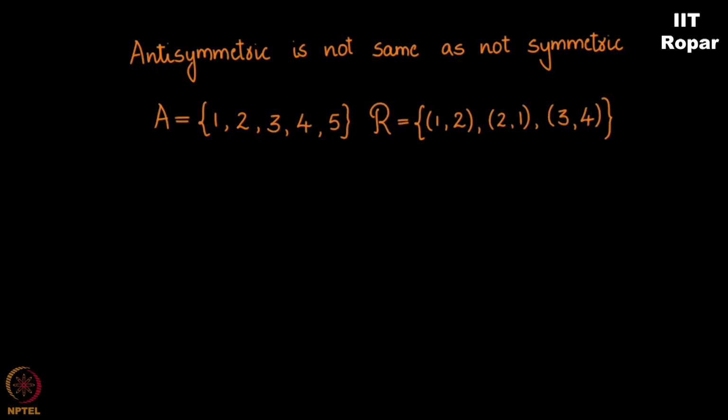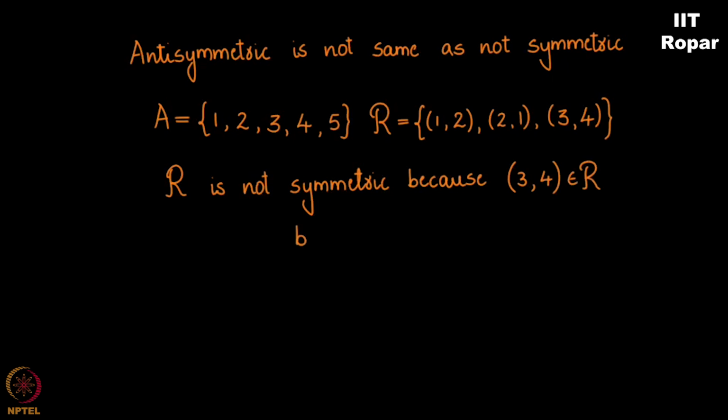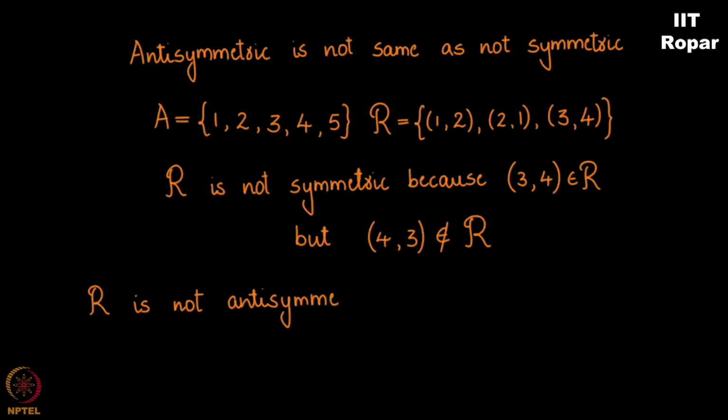This relation is not symmetric, definitely, because (3, 4) is there, but (4, 3) isn't there here. But this relation is not antisymmetric as well. Why? (1, 2) and (2, 1) both are there in R and hence it's not antisymmetric. So, antisymmetric is different from not symmetric.